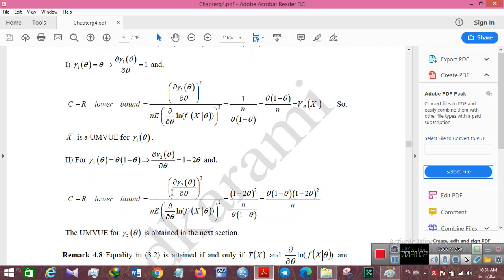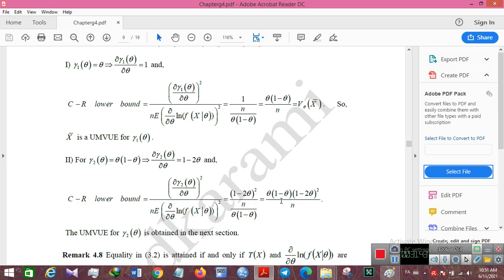If γ(θ) is θ over 1 minus θ, which is the variance of X, this is the derivative of γ2(θ), and this is the lower bound of the variance of an unbiased estimator of γ2(θ), and in the next section we want the UMVUE for γ(θ) by the Cramér-Rao lower bound.